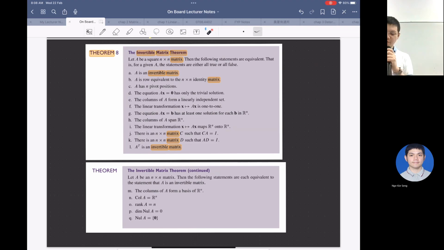I suggest you read this so that you can better understand what we are doing. All concepts are similar, just phrased in a different way. Okay.